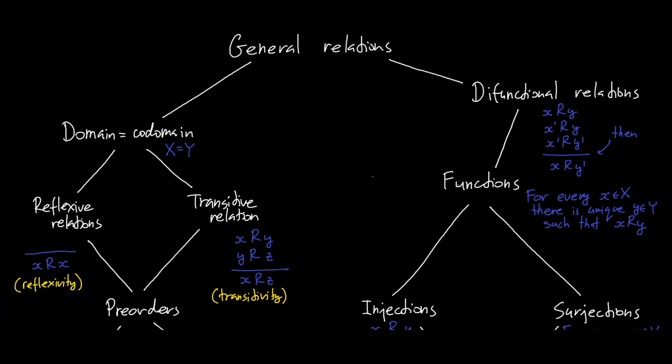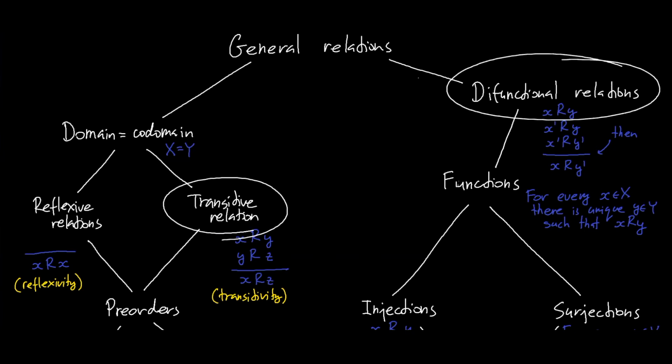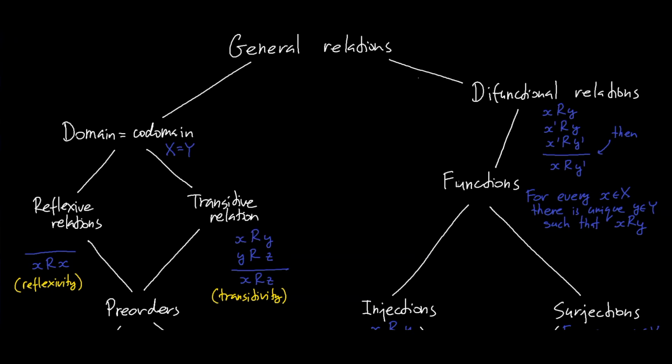Moreover, it turns out that when your relation is reflexive, transitivity is equivalent to being difunctional. Now, we did say that when the relation is reflexive, then function reduces to triviality, right?